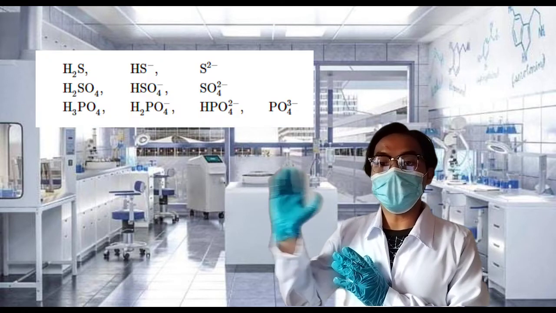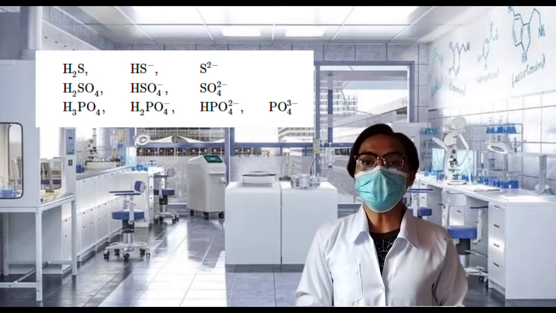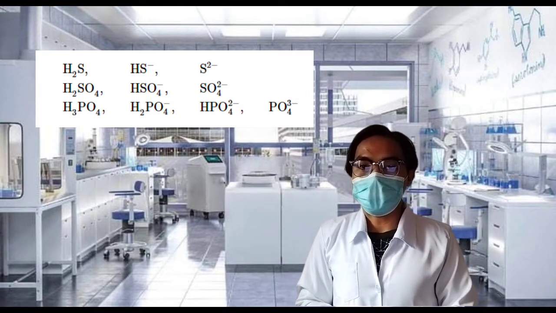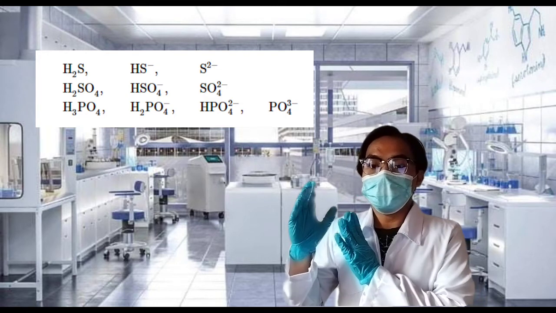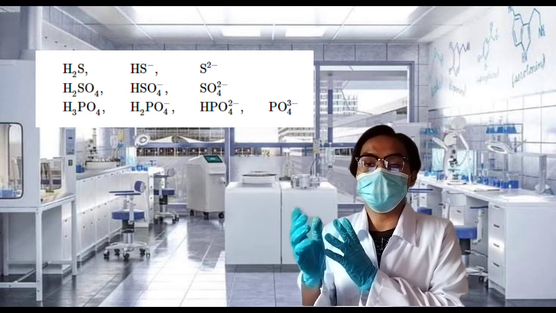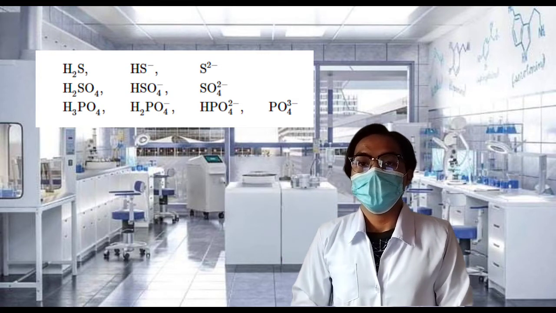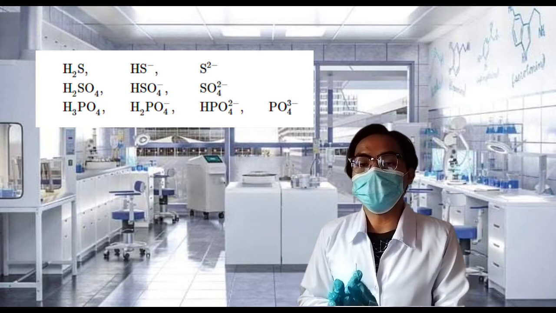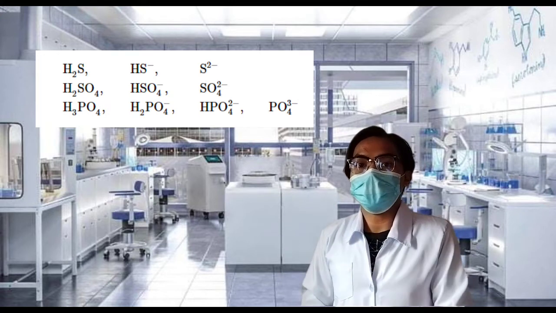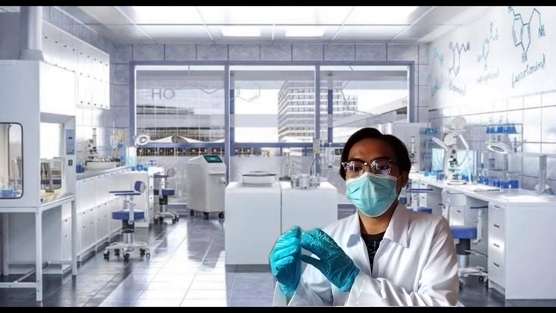We have here an example of a polyprotic acid formula. First we have H2S. Second is HS negative, meaning it lost one proton, and then next is S2 negative, meaning it lost two protons.